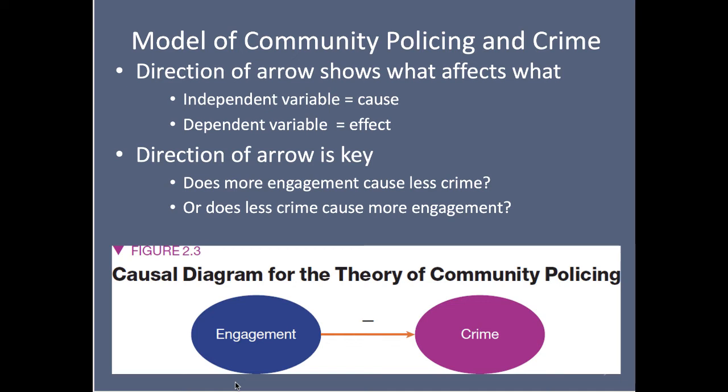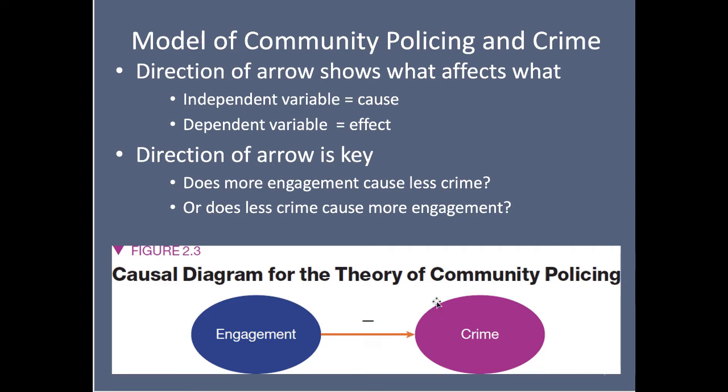So you could say, though, if people commit crime, they stay away from the police. We're going to talk about those kinds of issues in a much later chapter on causation.